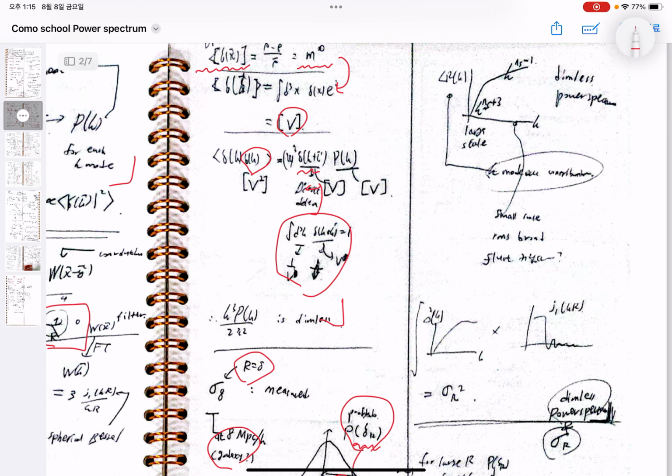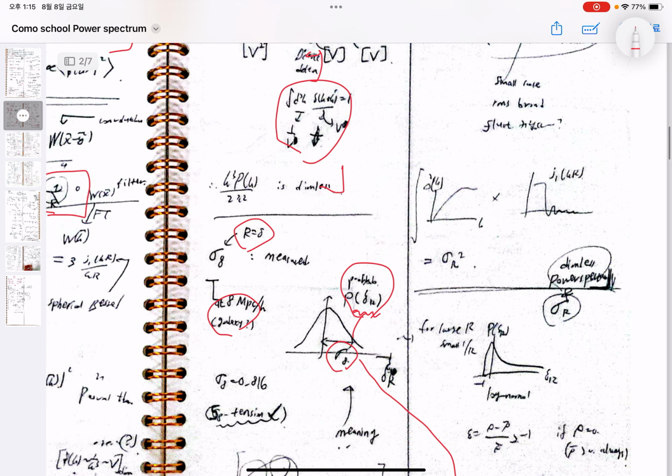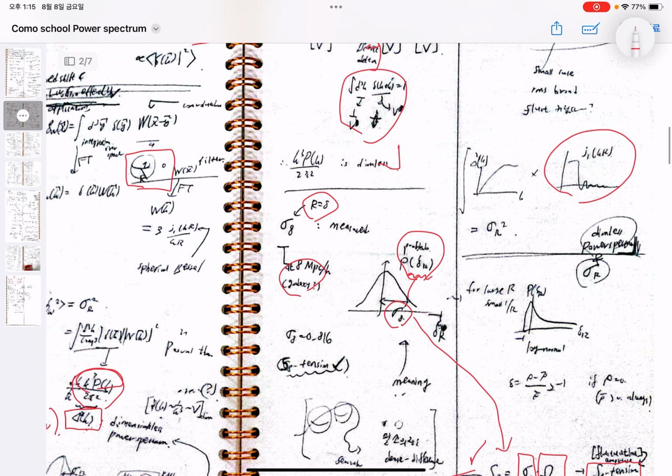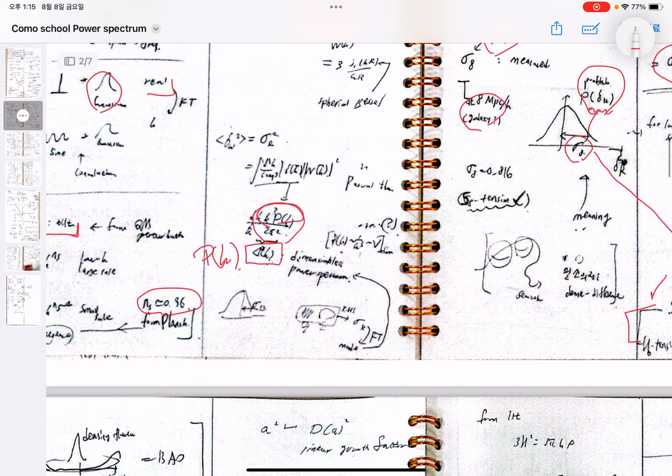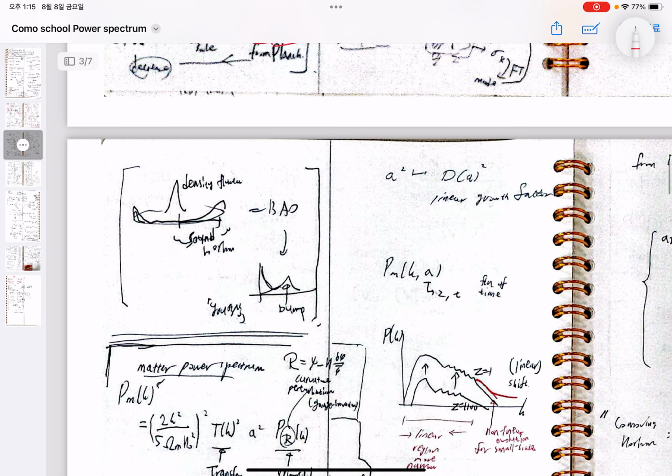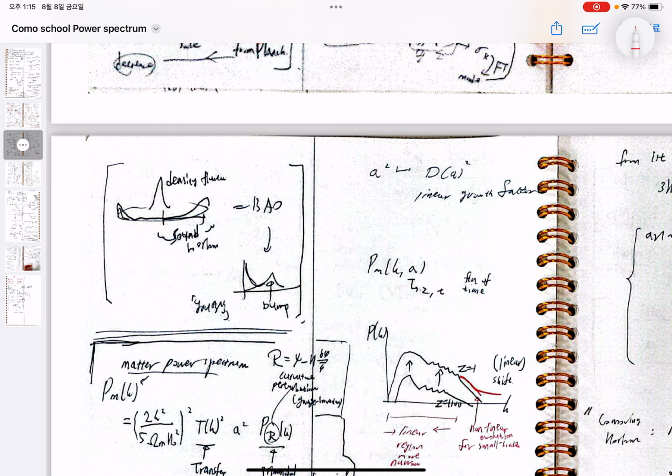The dimensionless power spectrum shows such a behavior. And if we convolve with the Bessel function, which comes from the Fourier transformation of this top-hat step function, then this yields the sigma R. The baryon acoustic oscillation is coming from the density fluctuations and some specific sound horizon.